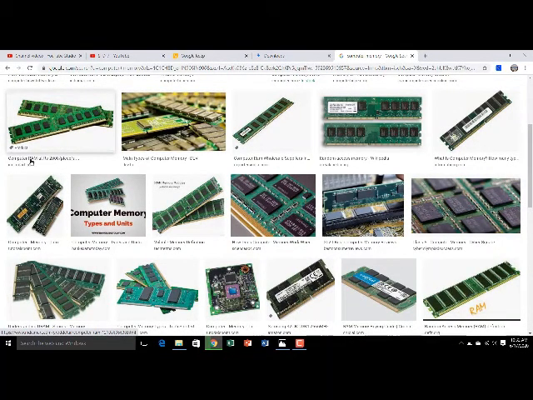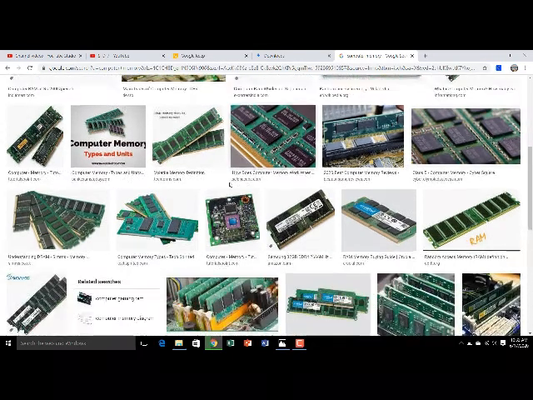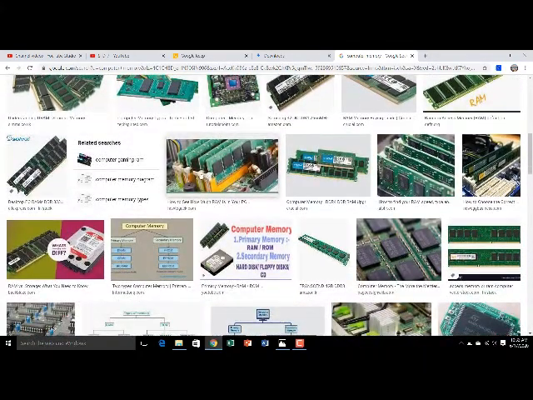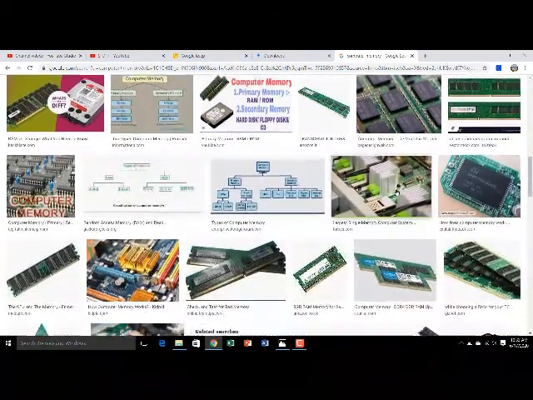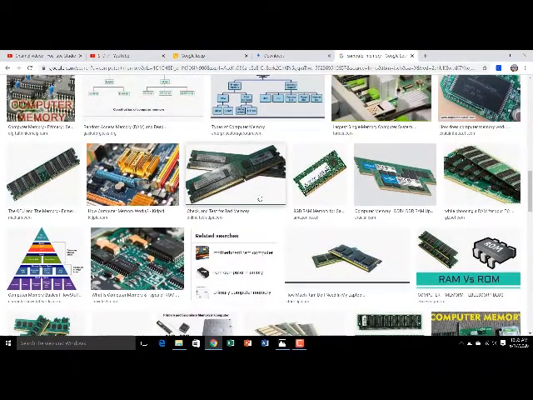Here it is written, computer RAM, and the price is also displayed here. See how it can be fitted in a computer on a motherboard, like this way or like this way, inside the CPU. So these are all the memory images.